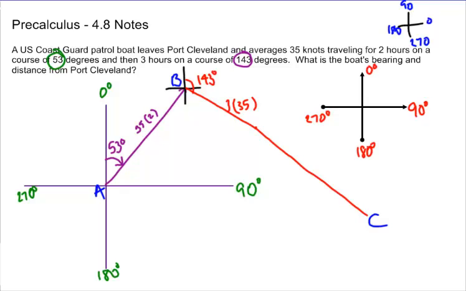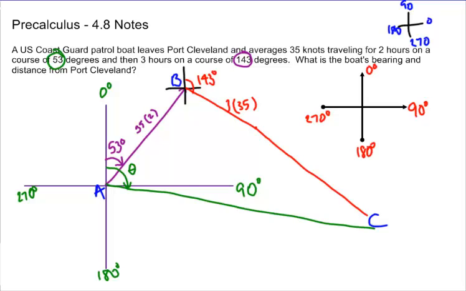So what we need to figure out is this distance in green to point C, and this angle in green. This problem's got a lot going on. It's not horrible, it's just different. The length of the purple and red is the distance the boat has traveled.